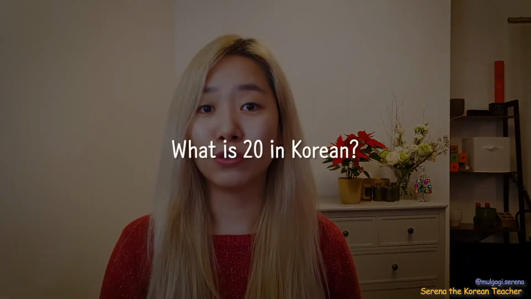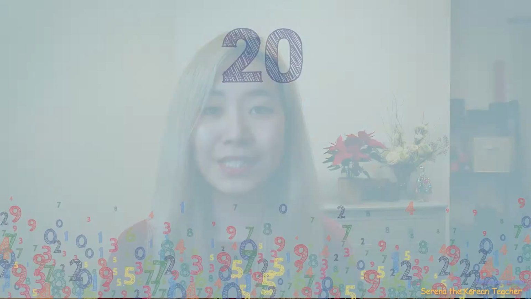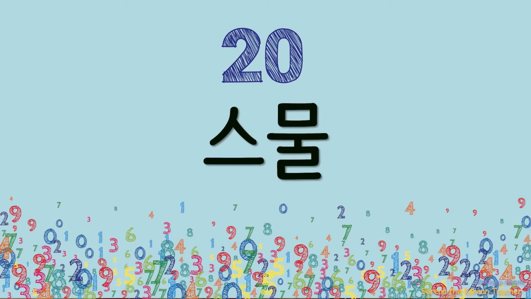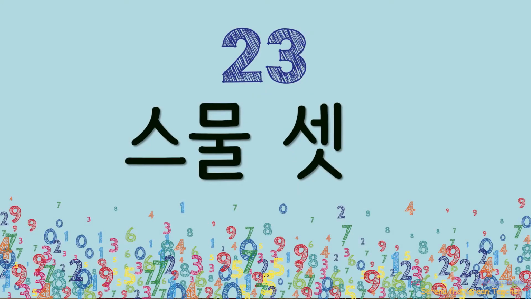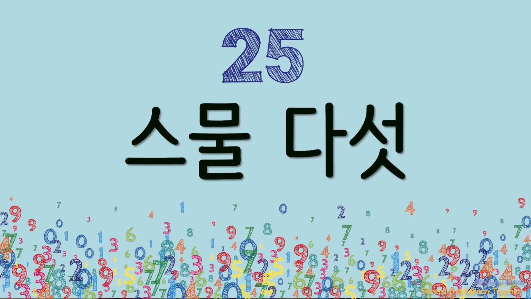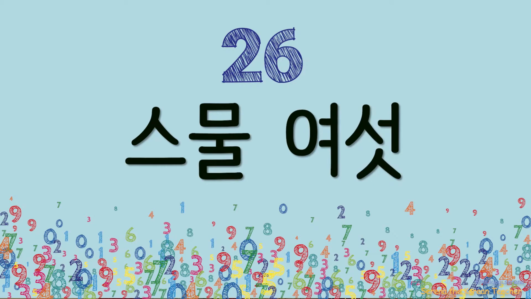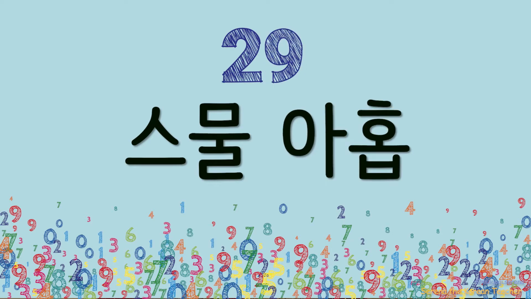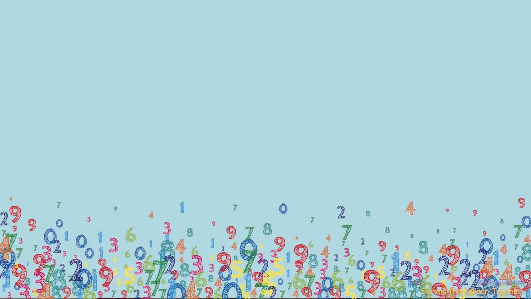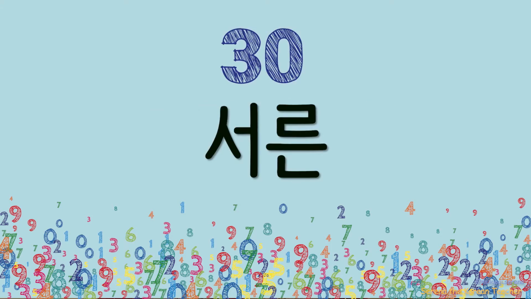We do have a new word for it. 20 is 스물. The rule is the same. 스물하나, 스물둘, 스물셋, 스물넷, 스물다섯, 스물여섯, 스물일곱, 스물여덟, 스물아홉, and then 30, 서른.